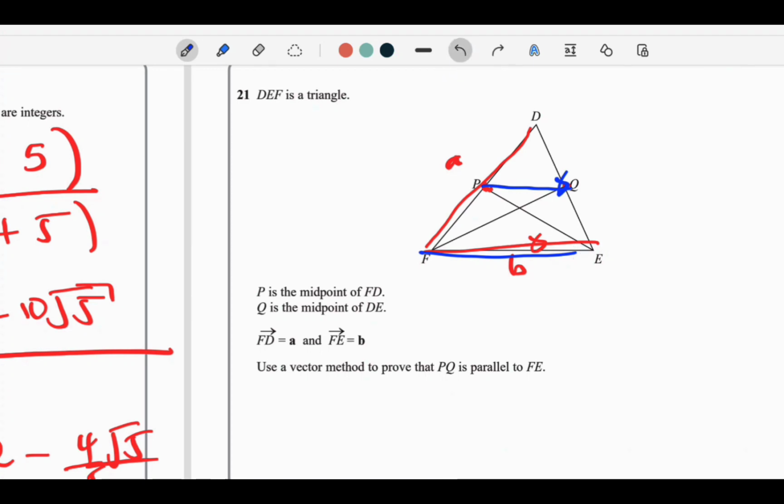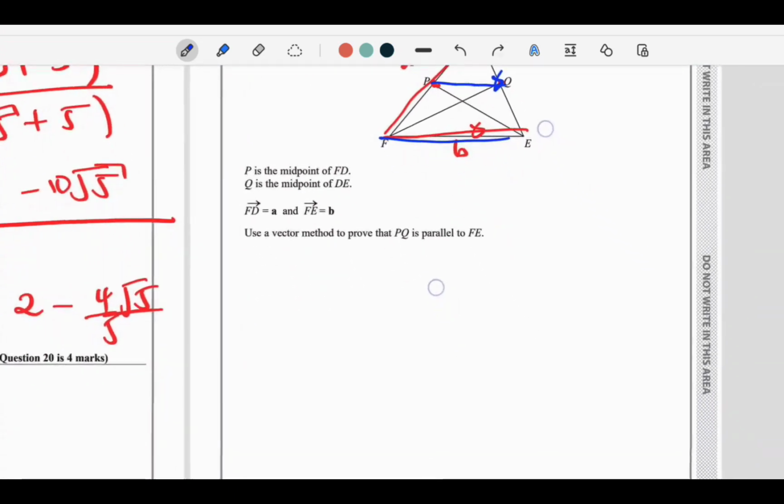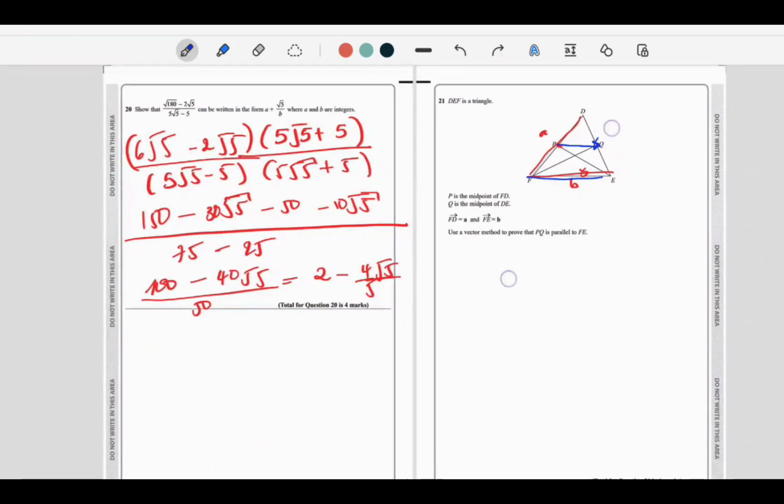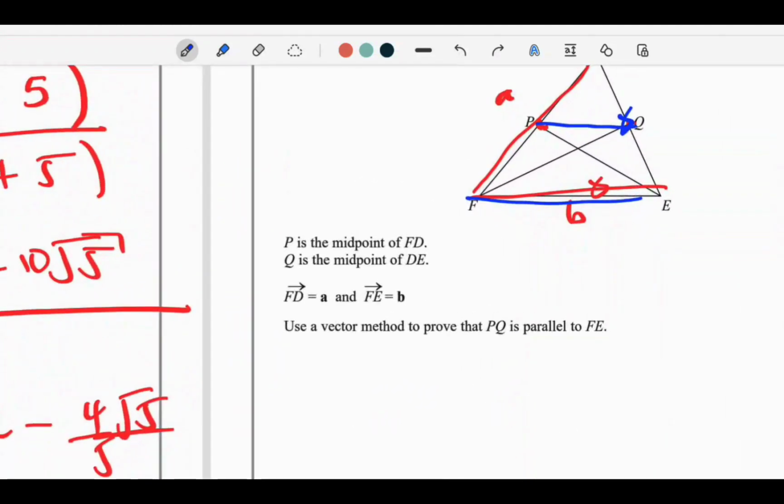So what we can do, guys, is show that FE is a scalar multiple of PQ. So we first of all need to find PQ. Let me see how many marks this is. This should be 4 marks. Okay. So let's first of all find PQ.